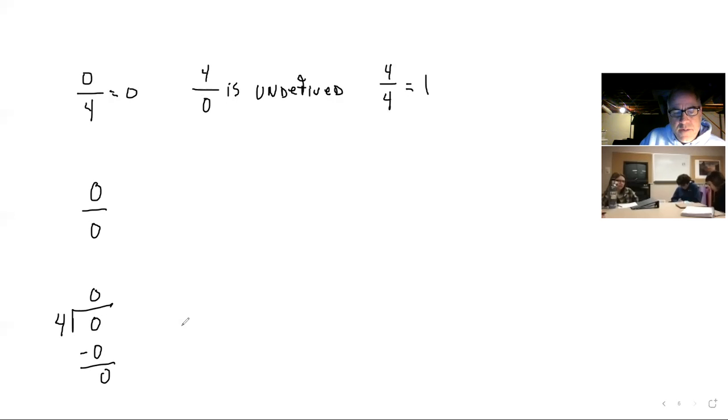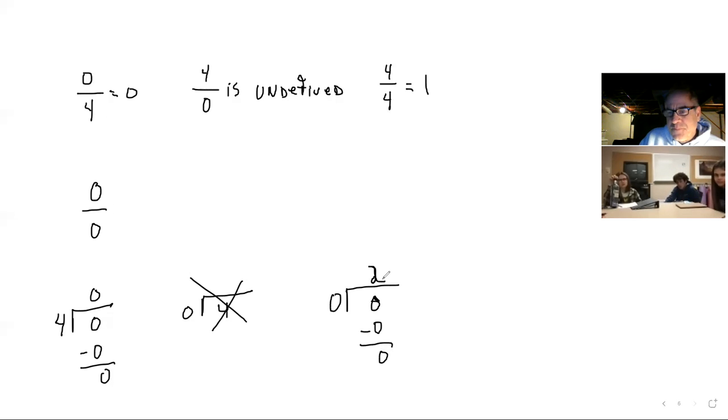This is undefined because if I try to divide 0 into 4, I can't do it. There's no number I can pick here to make this division work. So we just say it's undefined. So I turn to this one. Now, 4 divided into 4 goes 1 time. Can I put a 1 here and make this work? 0 times 1 is what? 0? Yeah, it works. But could I put a 2 here? Yeah.